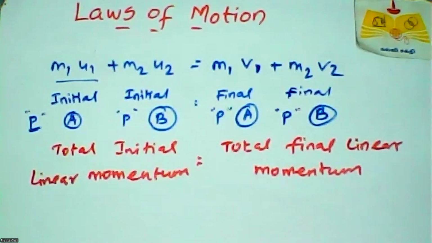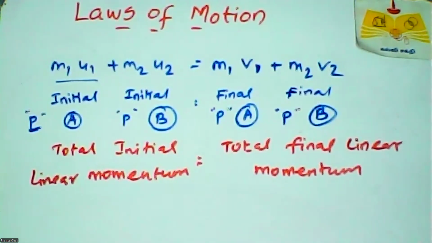That's why we are saying linear. Before collision also that object moves in a straight line direction, and after the collision also it will go in a straight line direction. So total initial linear momentum is equal to total final linear momentum.